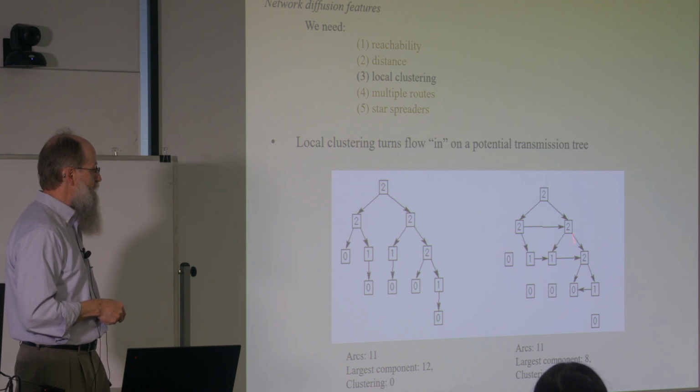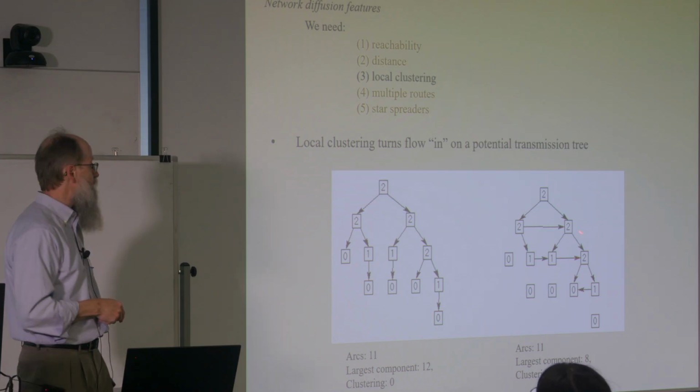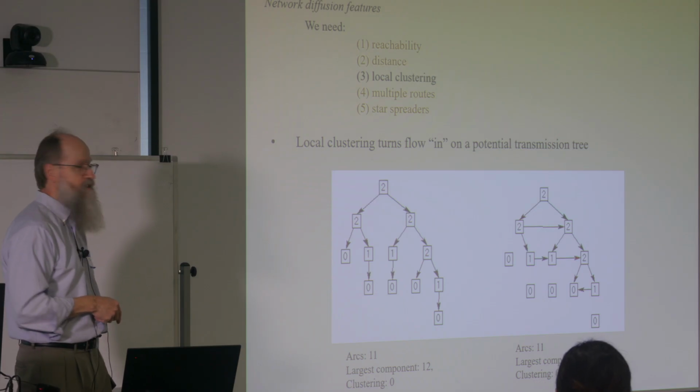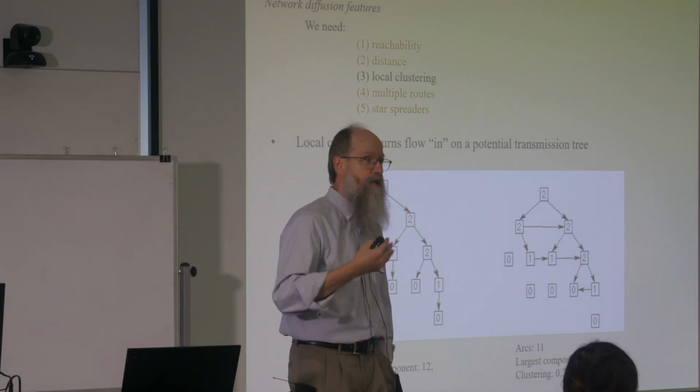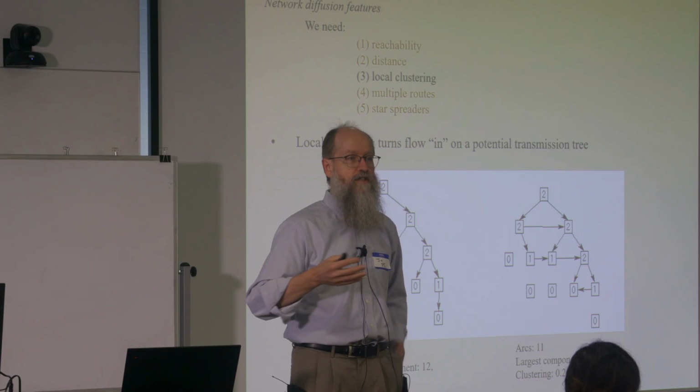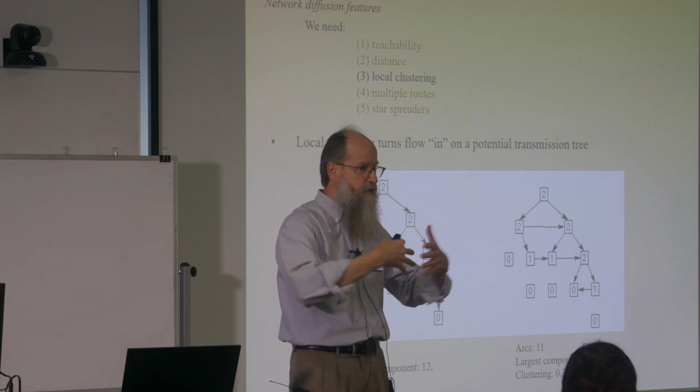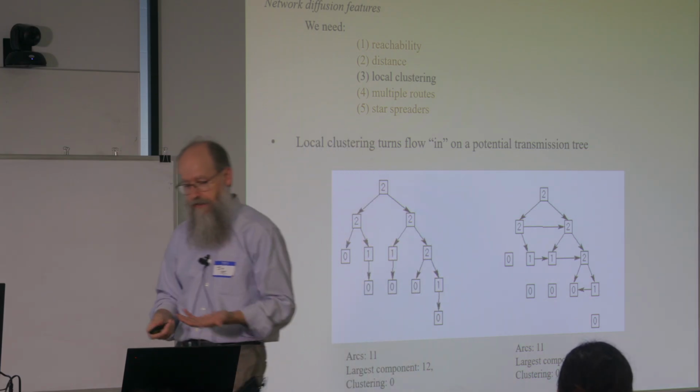So from an efficiency standpoint, that's wasted energy, right? If the bug were perfectly transmittable, you would hate to have this because that's a waste of your time. And so from that standpoint, clustering slows infection because you end up with these longer paths. You waste a lot of time reaching the same people over and again.